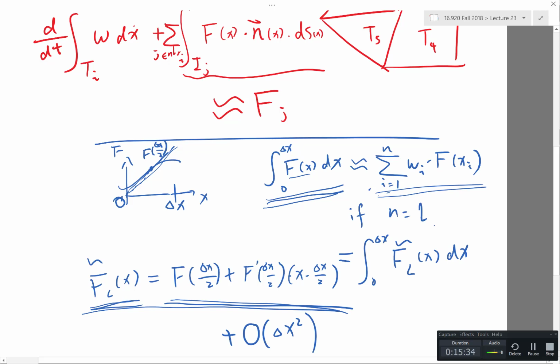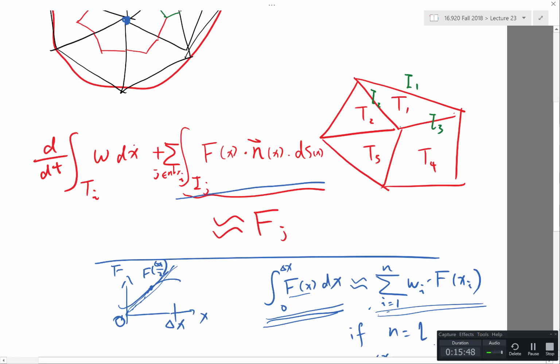Each flux, although being an integral, can be approximated by the value of the flux at a single point. Usually we choose that single point just as the center of the area or the center of the edge. So in order to evaluate the flux integrated over this edge, we only need to approximate the flux at the center of that edge.